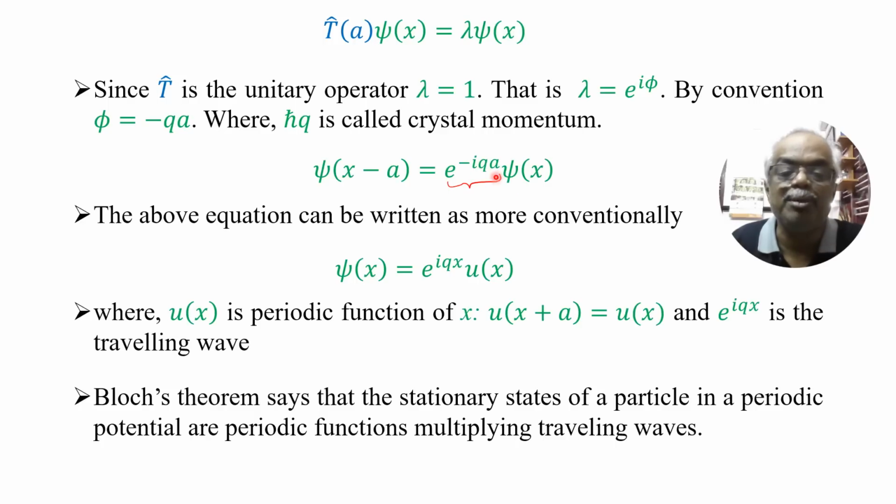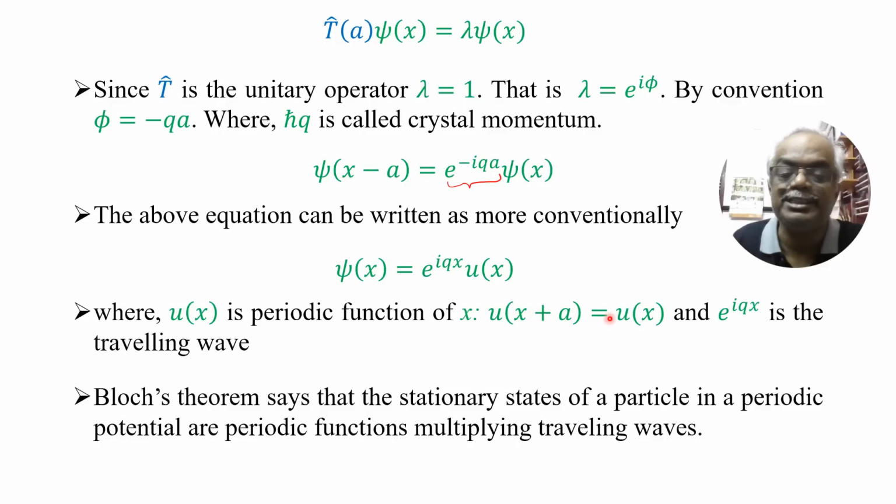The above equation can be written more conventionally as psi of x equal to e to the power i q x times u of x, where u of x is a periodic function of x. So there is a periodic variation.